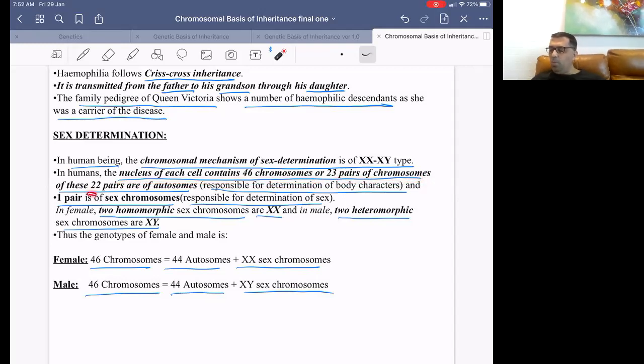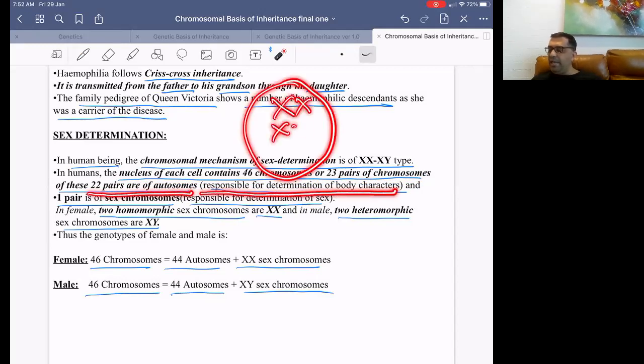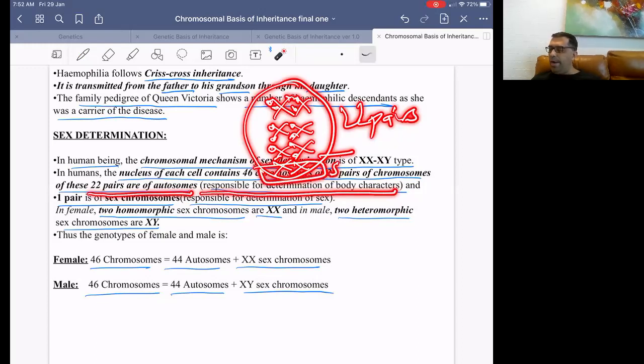Of the 23 pairs, 22 pairs are autosomes, responsible for determination of body characteristics: color of hair, color of skin, height, intelligence, heart, lungs, etc. And one pair is a pair of sex chromosomes.